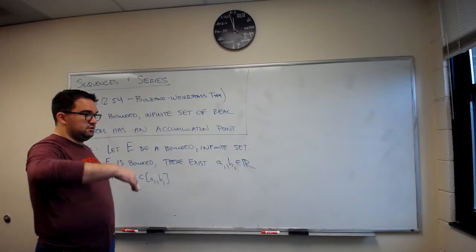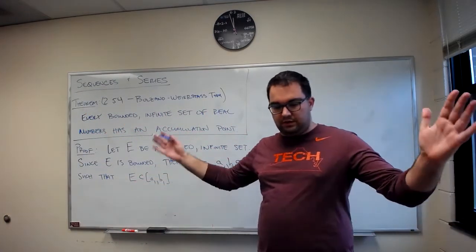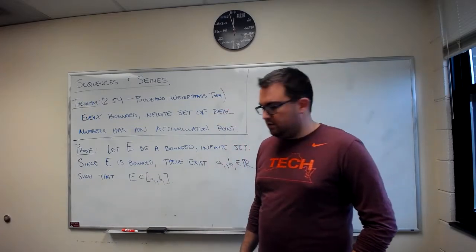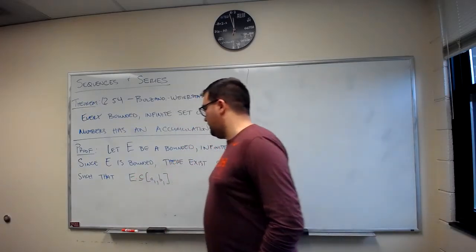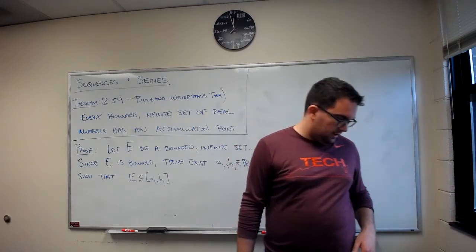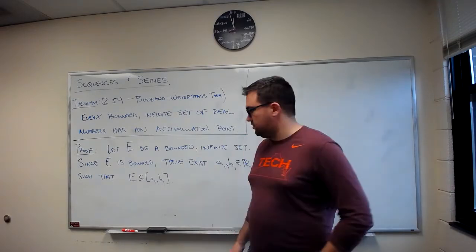It's a bounded set. So there's some upper bound, let it be b_1. There's some lower bound, let it be a_1. And my set E must be entirely contained within [a_1, b_1]. And okay, it's possible that E is exactly that set, but I just need these things to start with.